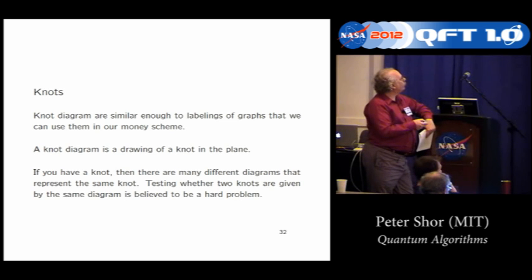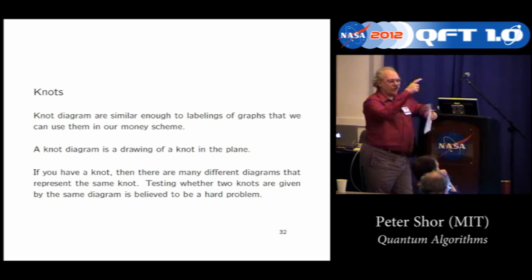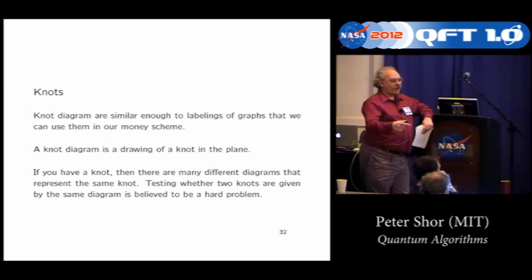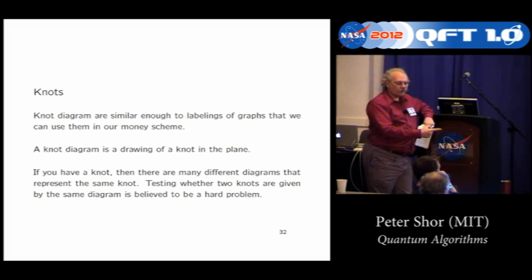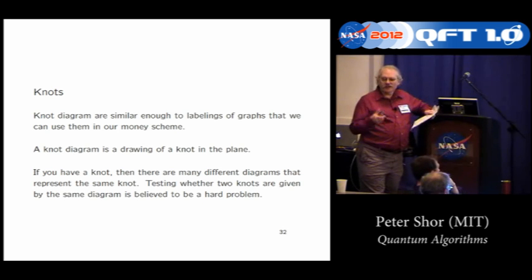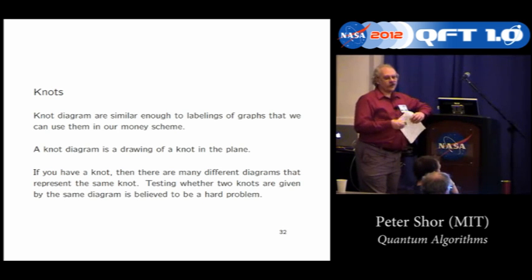So a knot is just a closed loop, a closed piece of string embedded in 3 dimensions. A knot diagram is a projection of the knot on the plane, and anytime you have a crossing of two edges, you have to say which one goes over and which one goes under. And if you have a 3-dimensional knot, there's lots of things you can do with it.